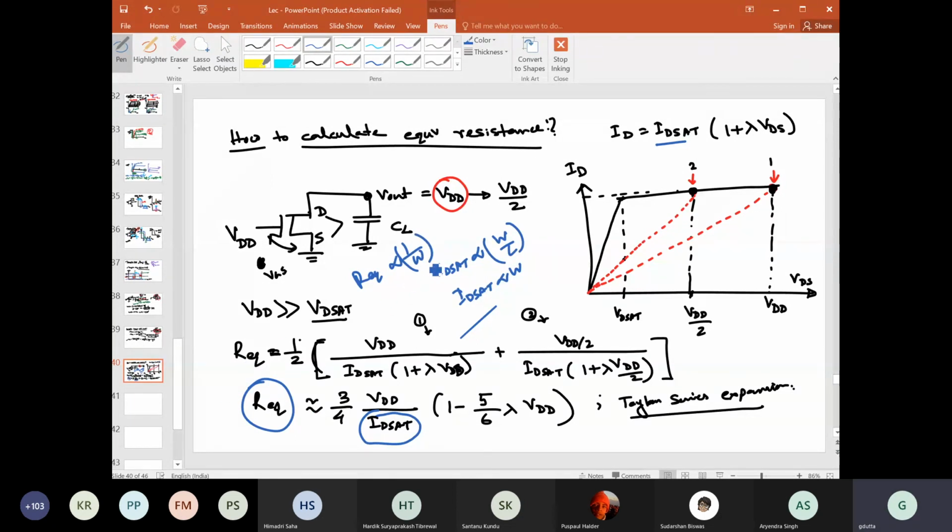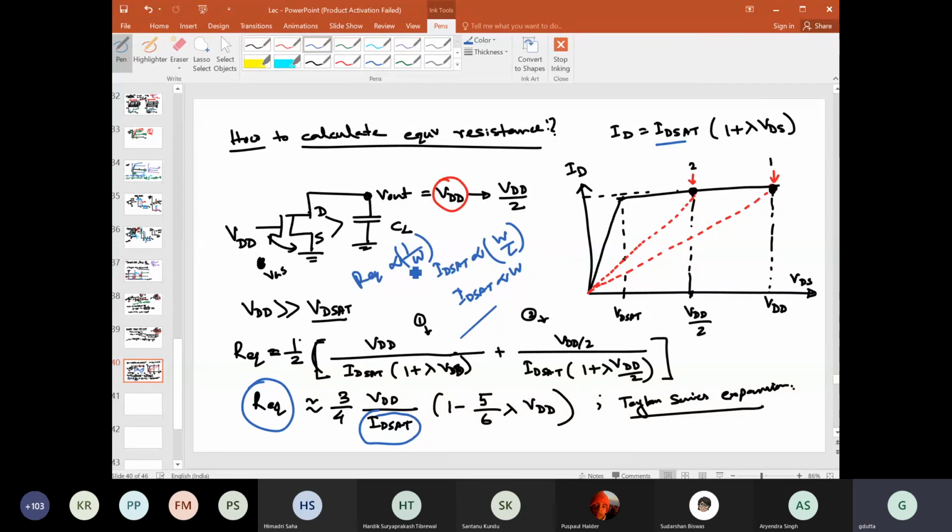So that means if you make the width 2 times, then the equivalent resistance offered by this MOSFET will become half, right? If you make the width three times, then the equivalent resistance will become 1/3, right?